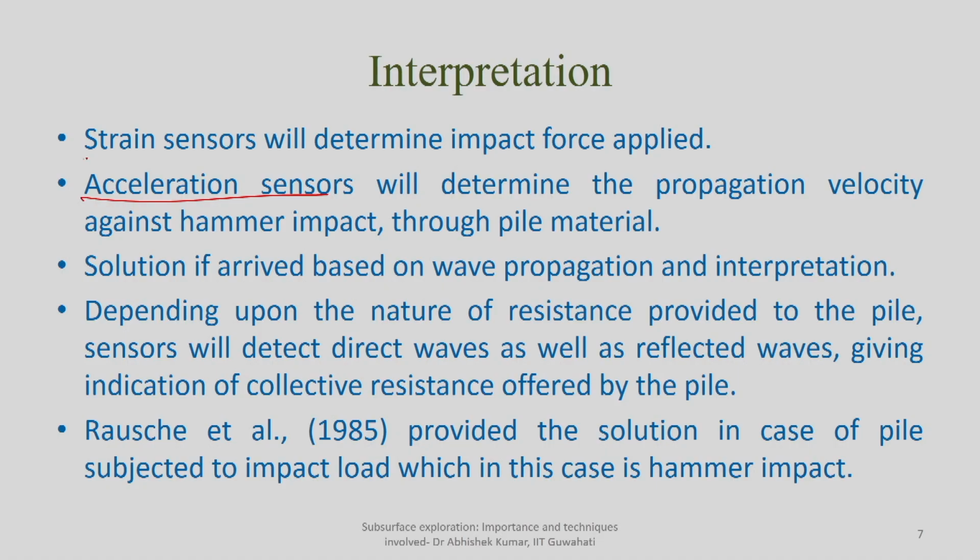Then acceleration sensors will detect the propagation velocity, because you are actually causing some kind of disturbance, as a result of which there will be some kind of particle movement within the pile material. So, that will be detected by acceleration sensors. This has to be clear, otherwise it will be difficult to understand what is the role of strain sensors and what is the role of acceleration sensors.